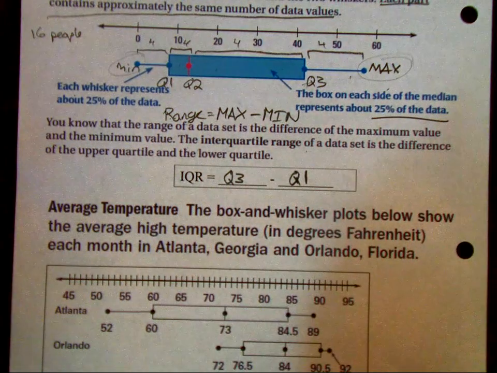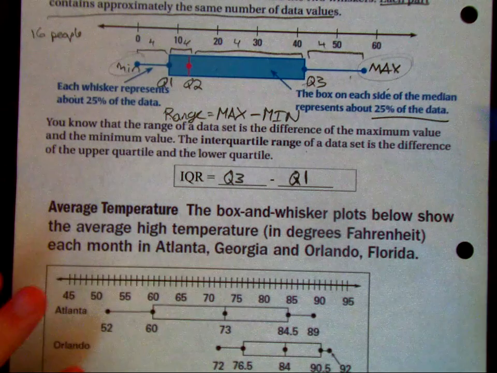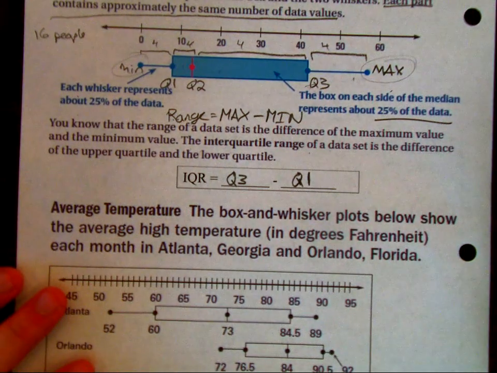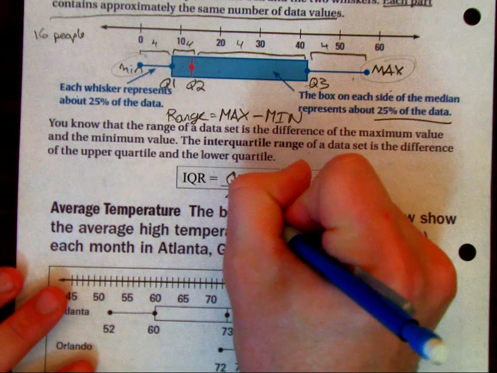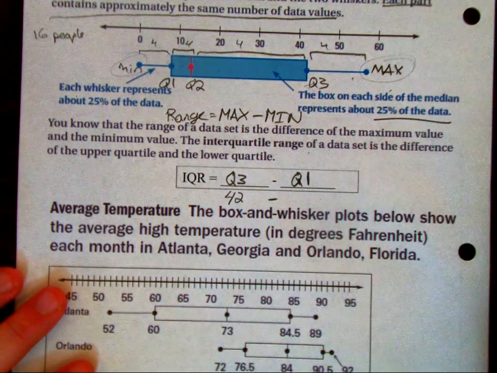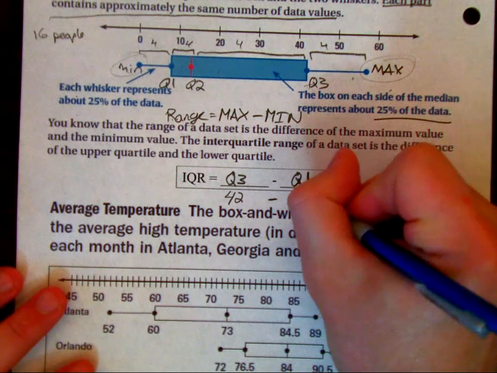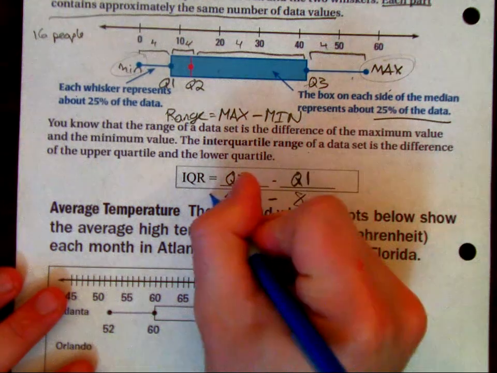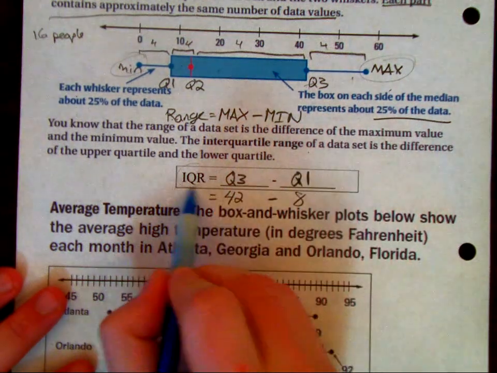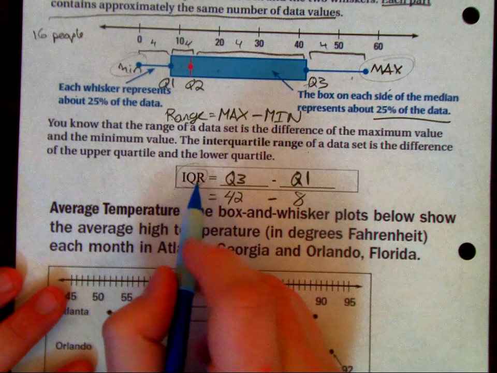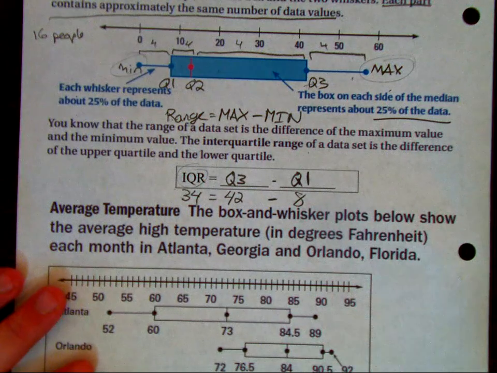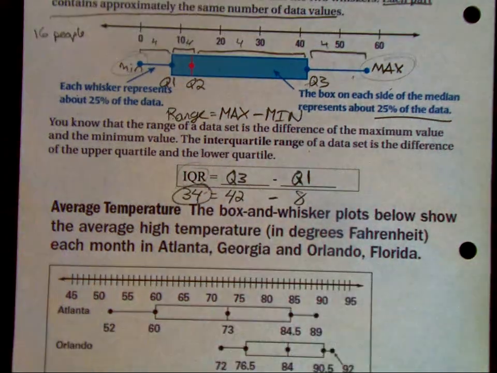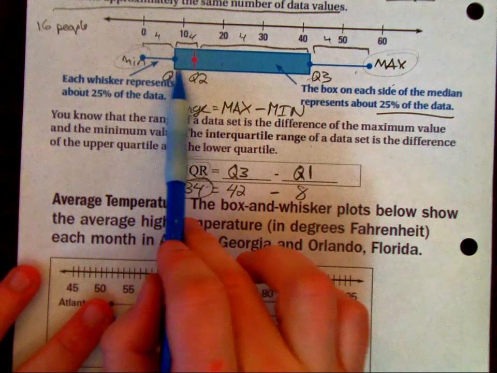So, for example, if this is about 42 and our Q1 is about 8, that would make our interquartile range, or our IQR, about what? 34. So it's talking about these values in the box.